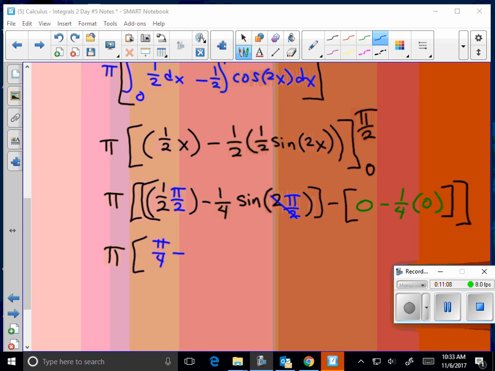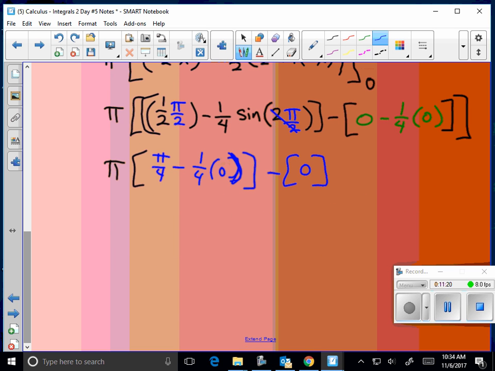So that'd be minus 1/4 of 0. And then minus 0 over here. So it looks like I have pi times pi over 4, which would equal pi squared over 4 units squared.